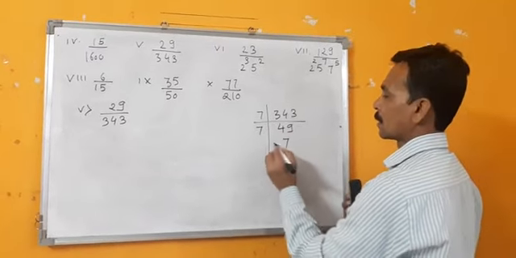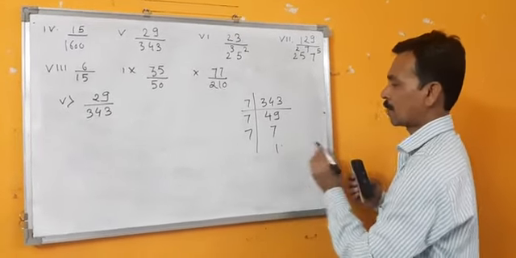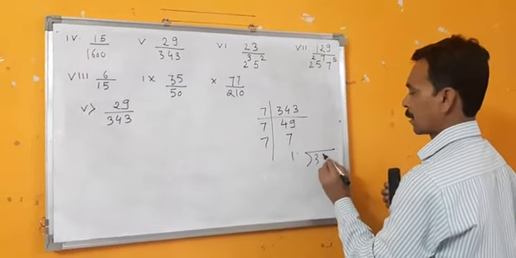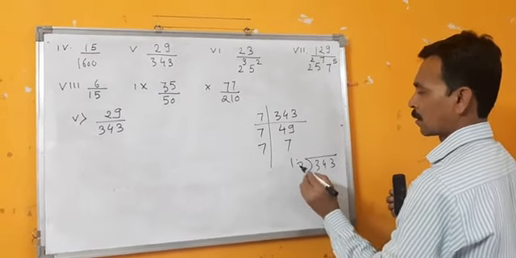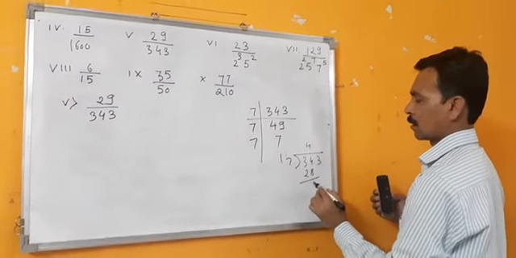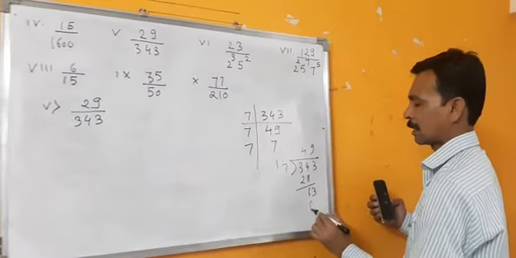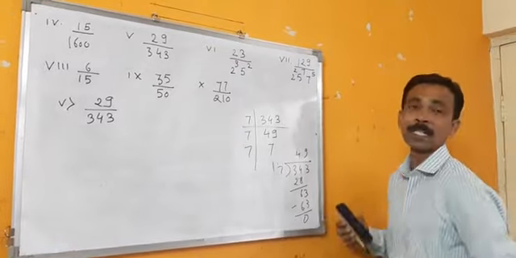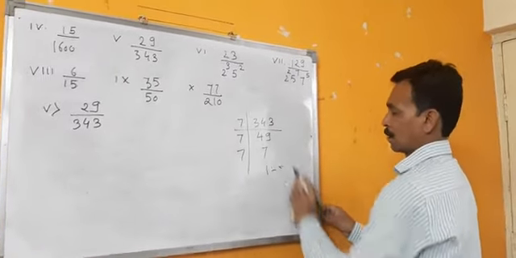This is 7 7s are 49, 7 1s are 7. If you want to check, you can check it here: 343 divided by 7, 7 4s are 28, 63, 7 9s are 63. What is the remainder? So that you have to check.